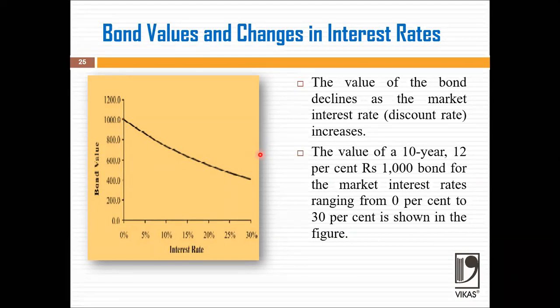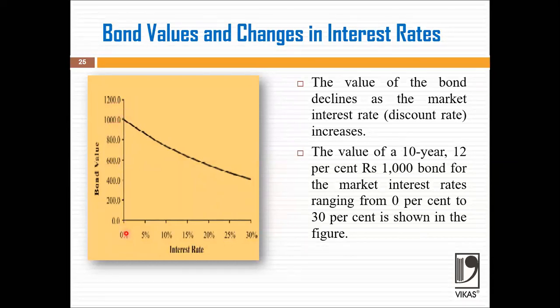And the value of a 10-year 12% 1,000 bond for market interest rates ranging from 0% to 30% is shown in the figure. So it's in the figure right here. So par value, bond value is 1,000.